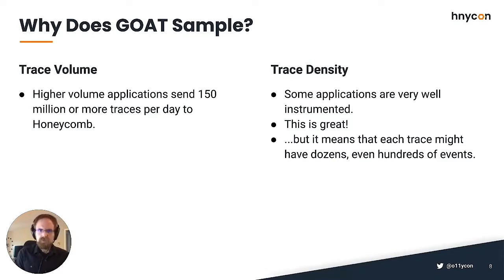We can see so much of what's going on in our application when we're looking for issues, but it also means that each trace can have dozens, even hundreds of events. Sending each and every one of these to Honeycomb and having them retained in our data set is just cost prohibitive. So we need to sample.